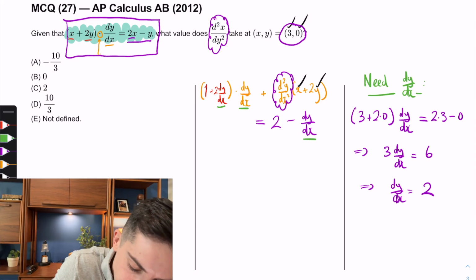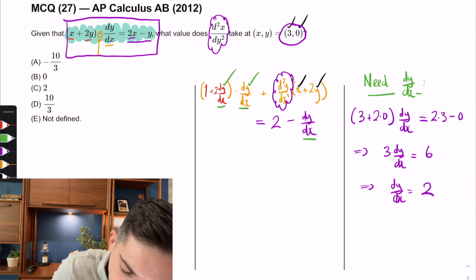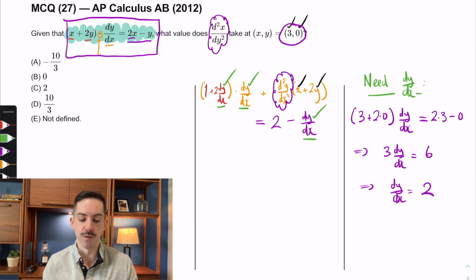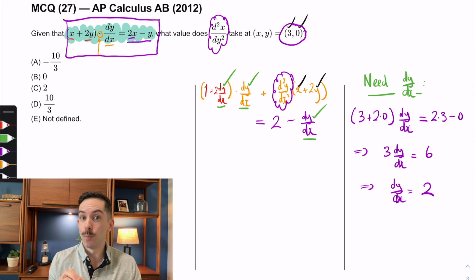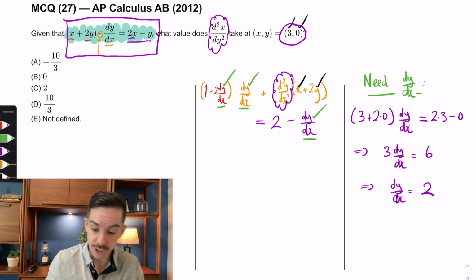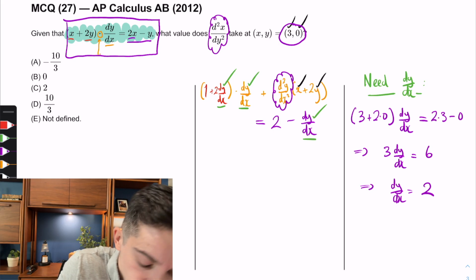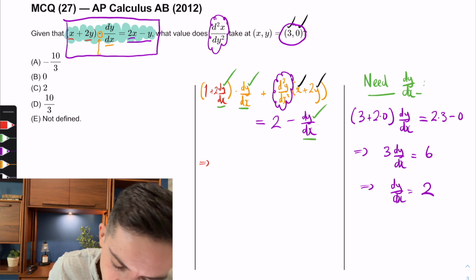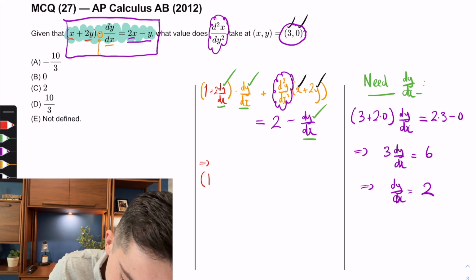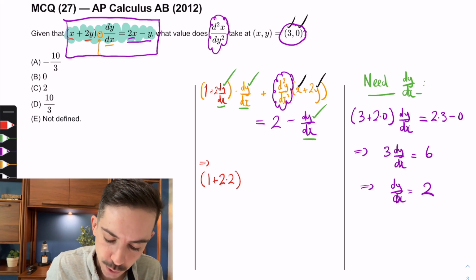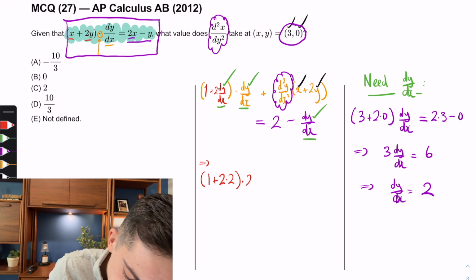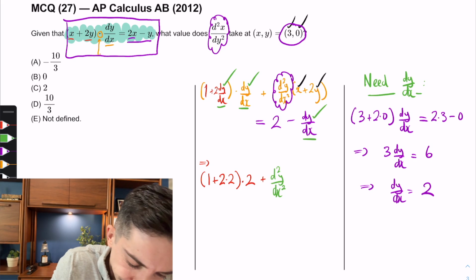Because all those dy by dx's that I saw, I can also substitute in for now. Everything else in that equation will now be a constant, and I can solve for the second derivative. So let's substitute in here. So I will get 1 plus twice dy by dx, 2 times 2, times dy by dx, 2, plus the quantity I'm interested in, d2y by dx squared.